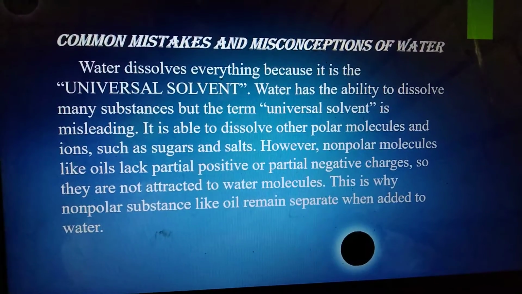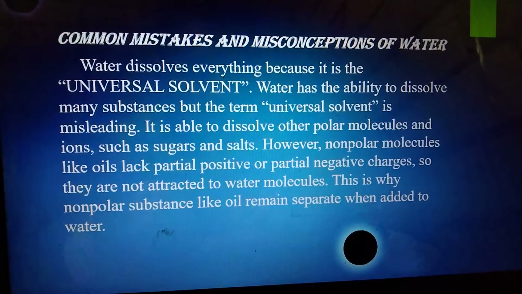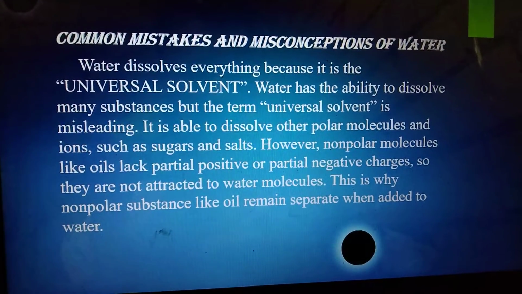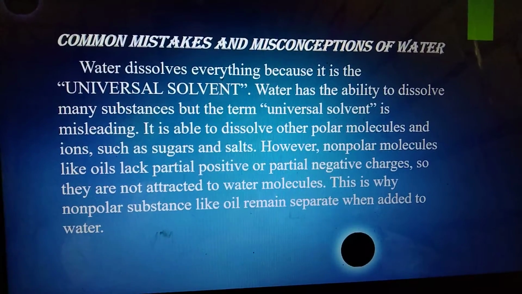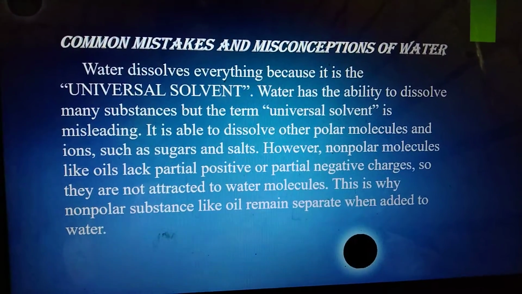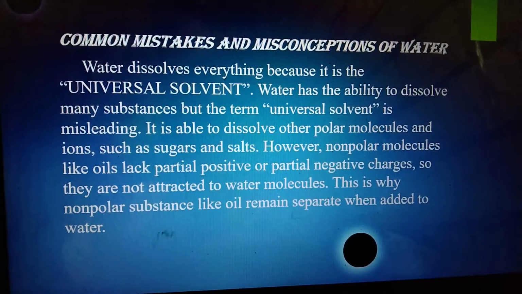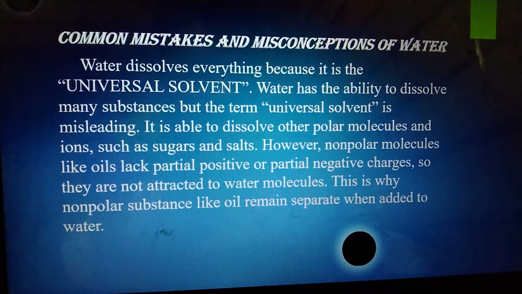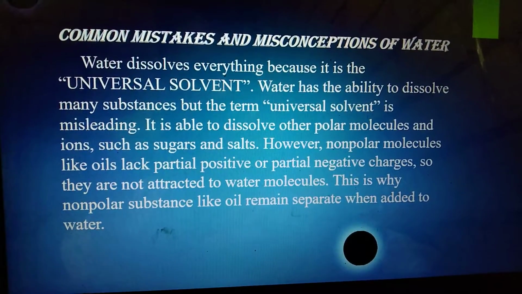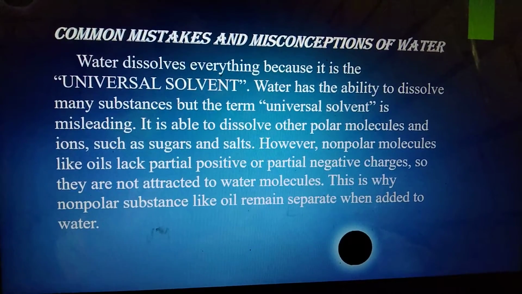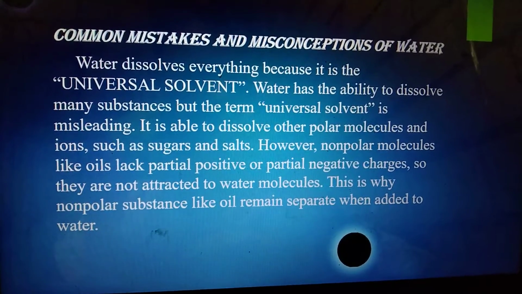However, nonpolar molecules like oils lack partial positive or partial negative charges, so they are not attracted to water molecules. This is why a nonpolar substance like oil remains separate when added to water.